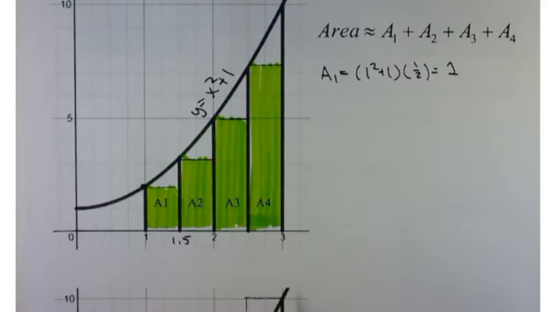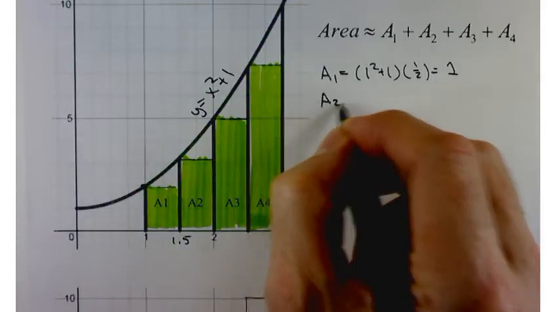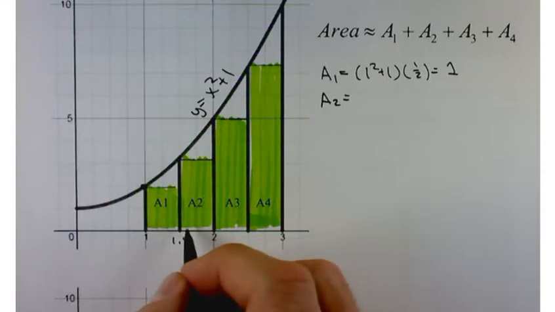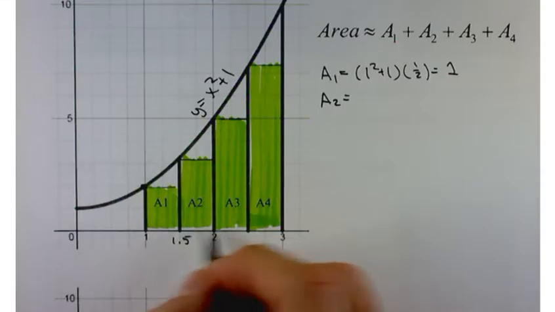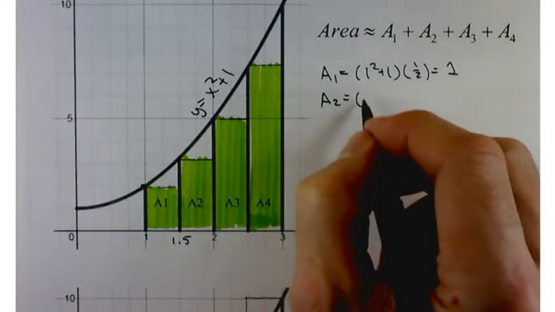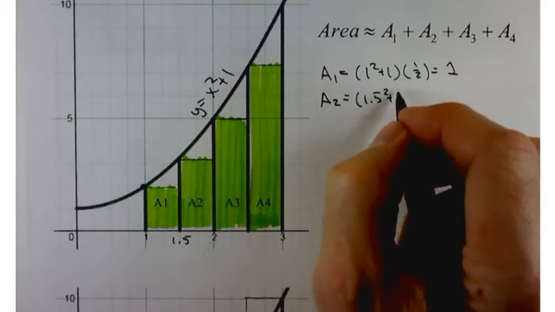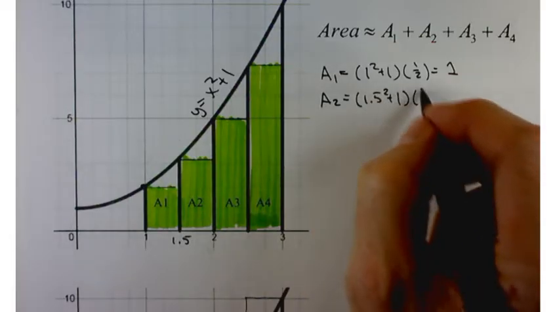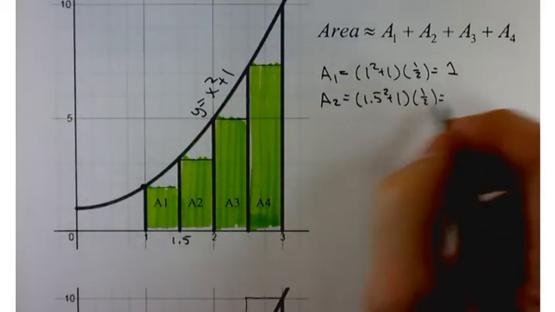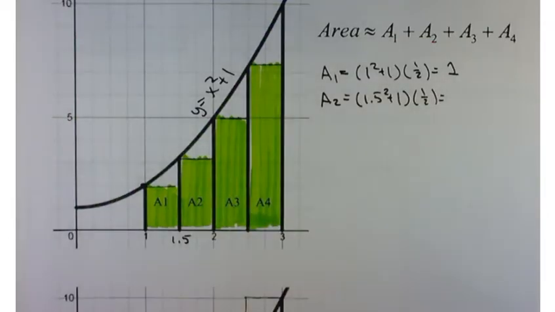Moving on down to the next rectangle. This time, what's the left-hand endpoint of my interval? 1.5. So I'll put 1.5 into this expression. 1.5 squared plus 1 times 1/2. So it's going to be 2.25 plus 1, 3.25 times 1/2, 1.625.